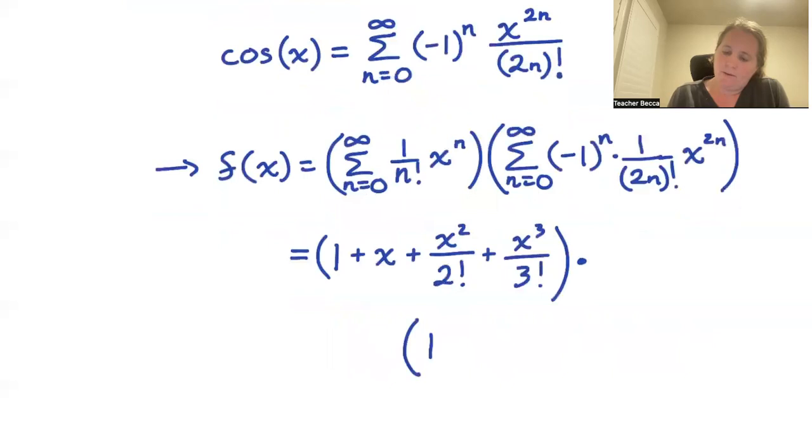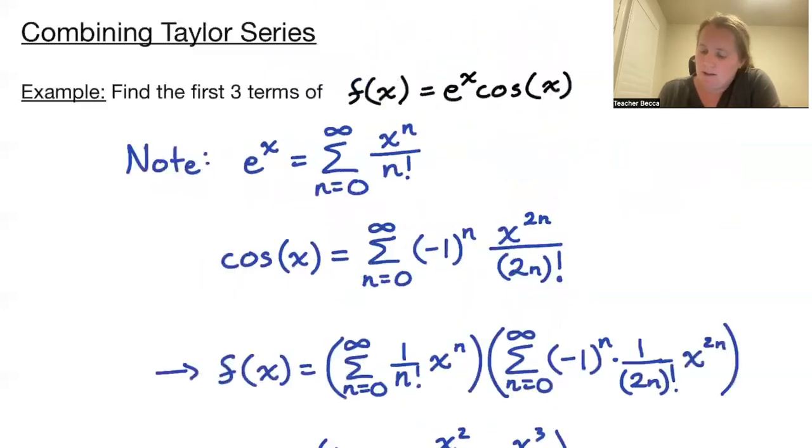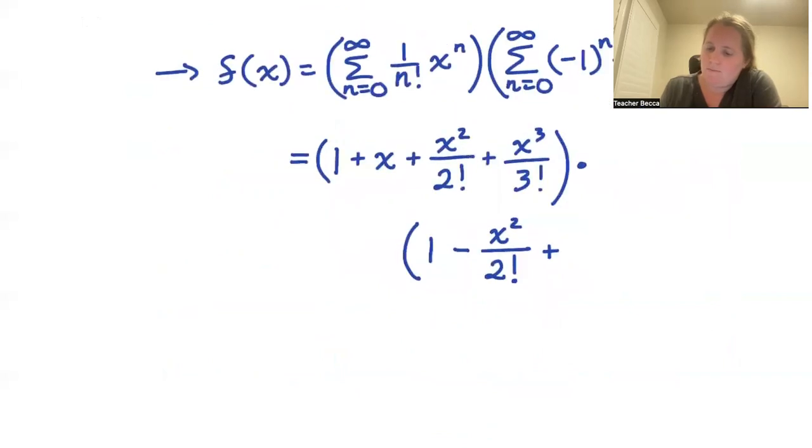Then for n equals 1, we subtract off x squared over 2 factorial. For n equals 2, we would have -1 squared, which is a positive 1, then x to the 2 times 2 would be x to the 4th, over 4 factorial. And we have minus, etc.